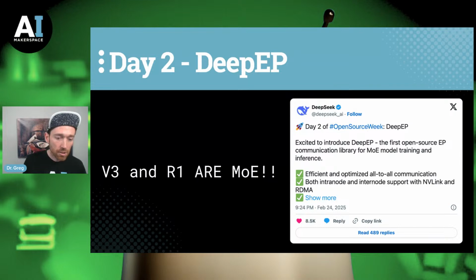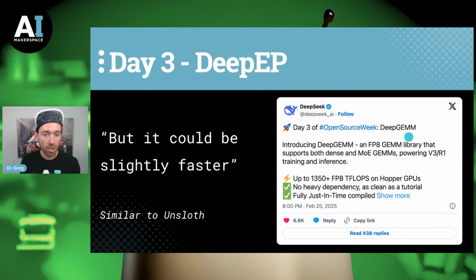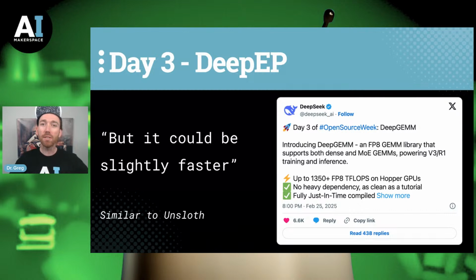And so when we get to day 3, day 3 is Deep Gem here. Deep Gem, not Deep EP. This is when they're going into the tensor cores that we talked about in the GPU. And they're saying, okay, actually the way that we do matrix multiplication, maybe we could do it faster, right? This is like what the guys at Unsloth are doing all the time.